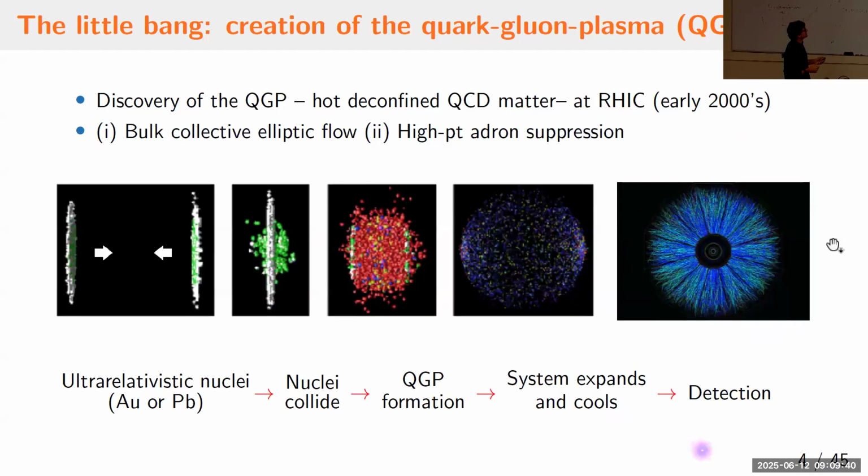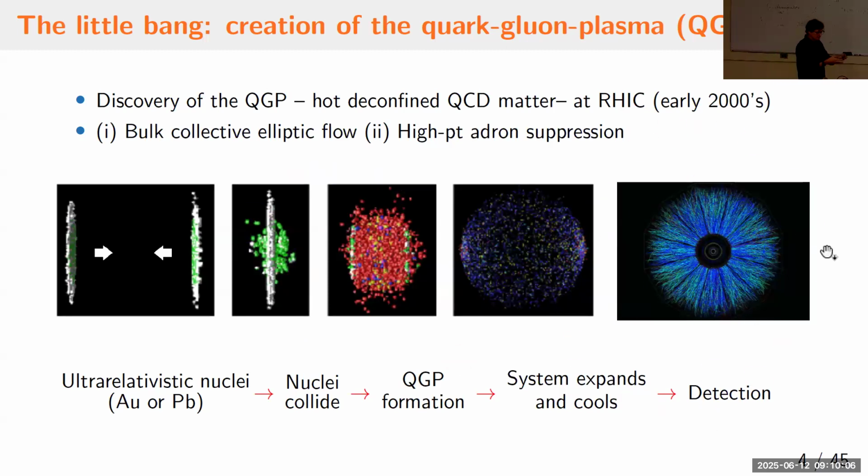And this is what we see at the level of the detectors. This quark-gluon plasma, which is the hottest matter in the universe, was discovered at RHIC, as I said, 20 years ago. The basis of this discovery is the study of two types of observables. First, bulk observables, where we just measure the soft particles and how they behave.